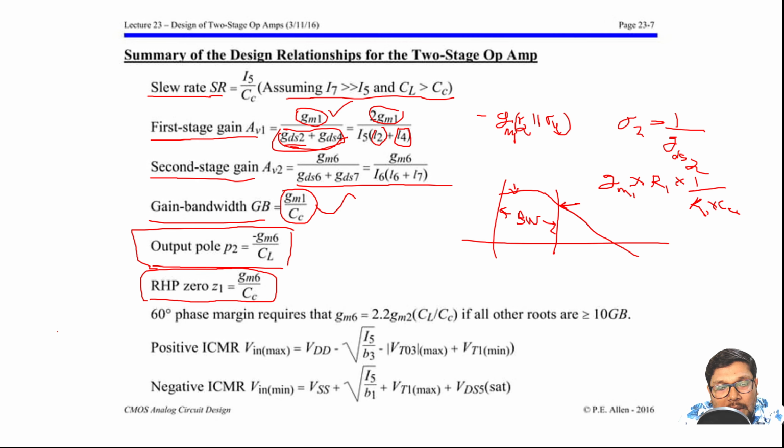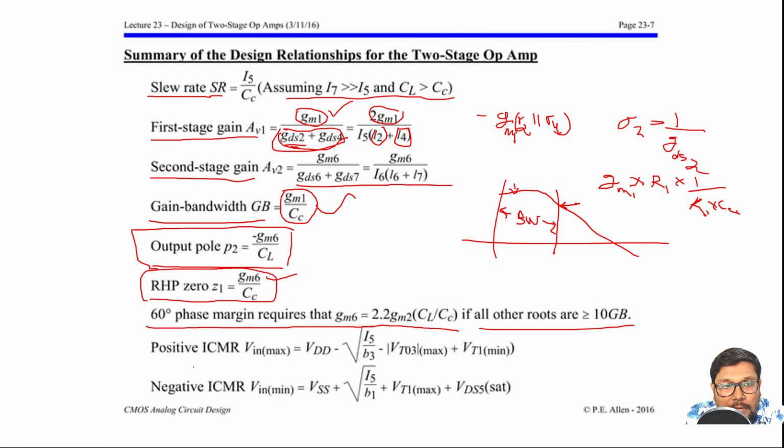This is the output MOSFET. Okay, for 60-degree phase margin, it requires that GM6 should be greater than or equal to 2.2 times GM2 CL by CC if all other roots are above 10 GB, 10 times the gain bandwidth.